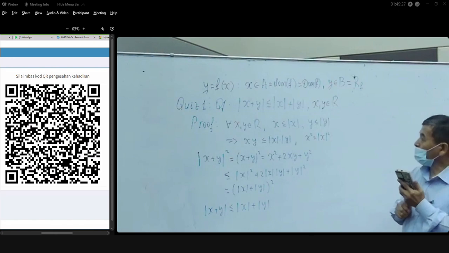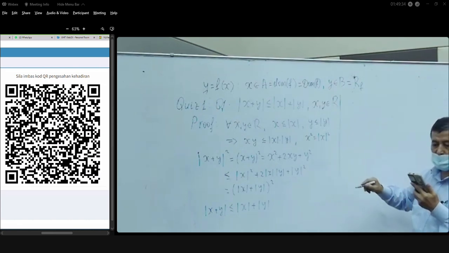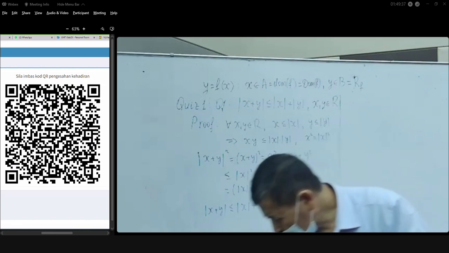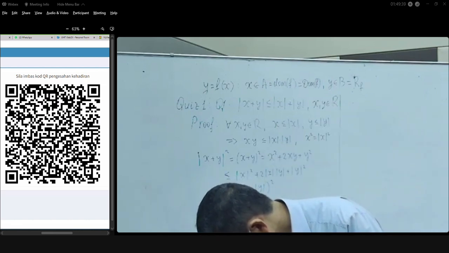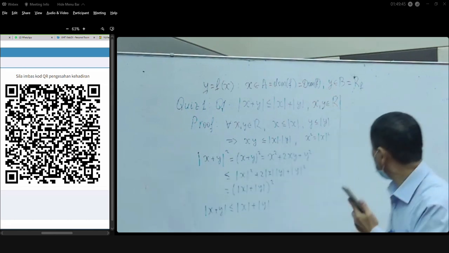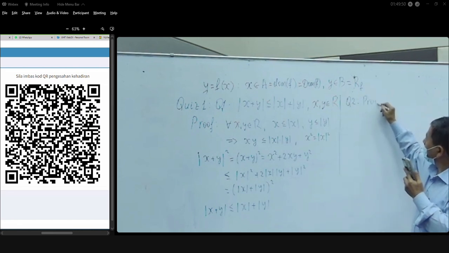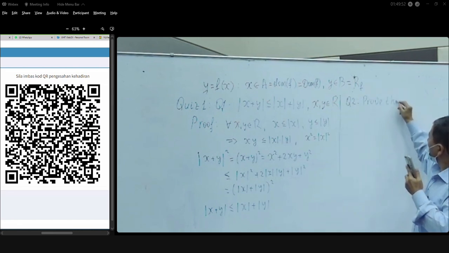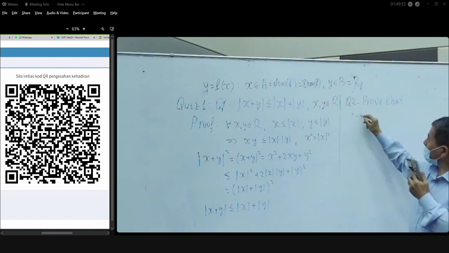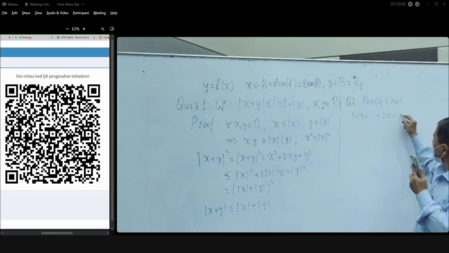Okay, now what about the second example? Second example, if I'm not mistaken, question 2 was: prove that 1 plus 3 plus and so on up to 2n plus 1 equals (n plus 1) square.